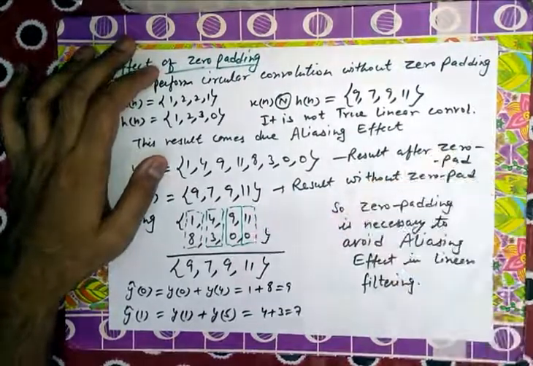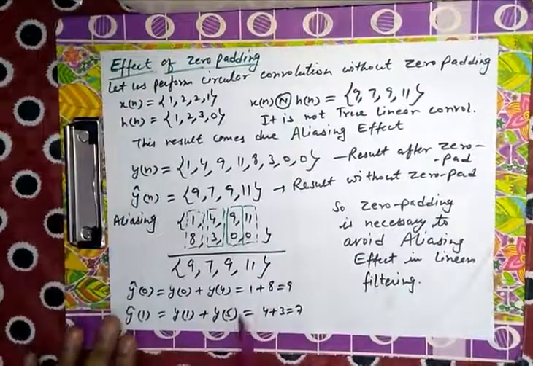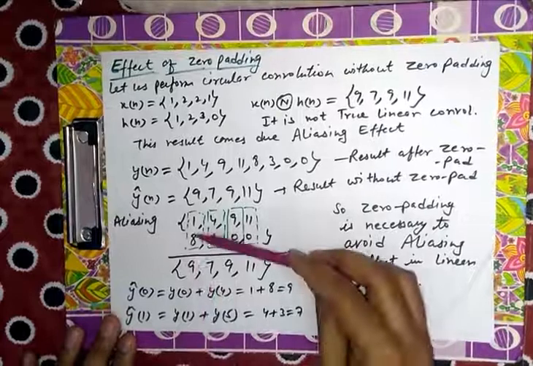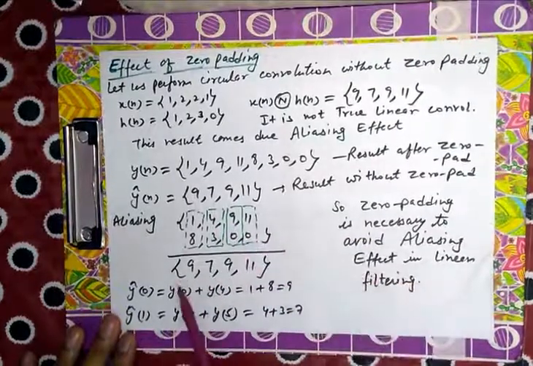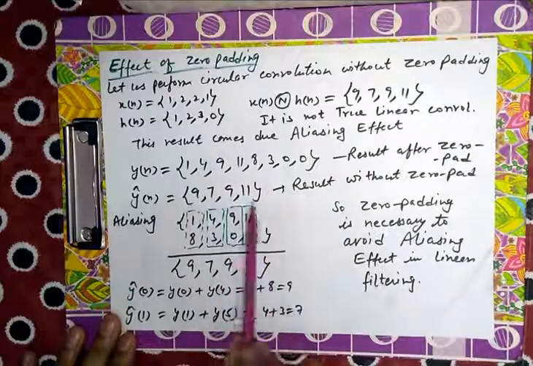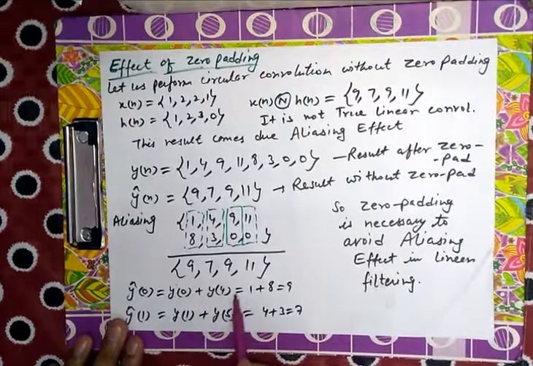Every value is added with every fourth value. So it becomes 1 plus 8 is 9, 4 plus 3 is 7, 9 plus 0 is 9, 11 plus 0 is 11, and this is the sequence without zero padding. So this is the effect of zero padding, and without zero padding we will get aliasing of values.